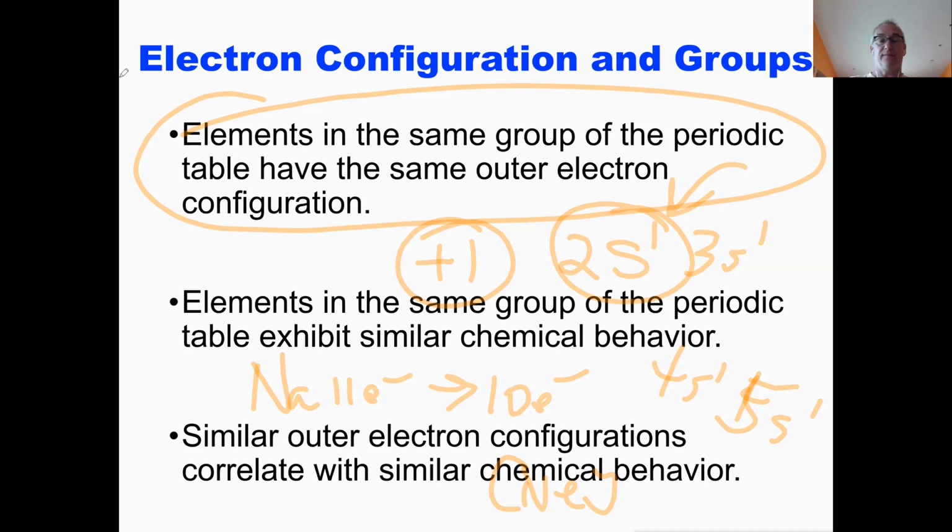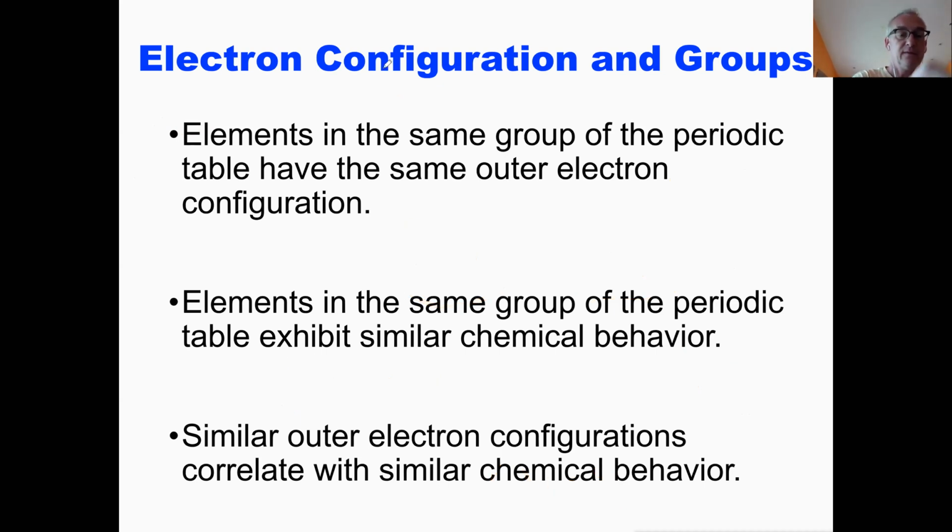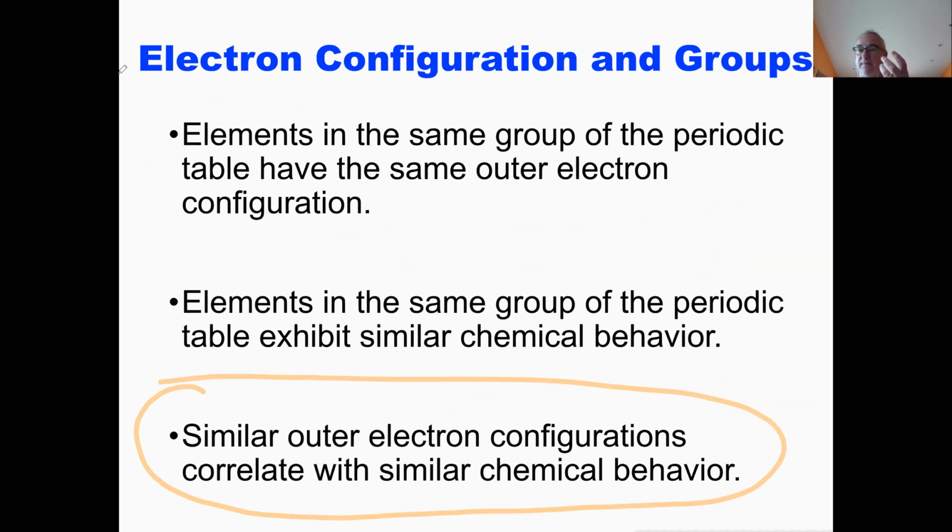So similar outer electron configurations correlate with similar characteristics, similar chemical reactivity. We just talked about the alkali metals. The same is true when we're talking about the elements in group 7.